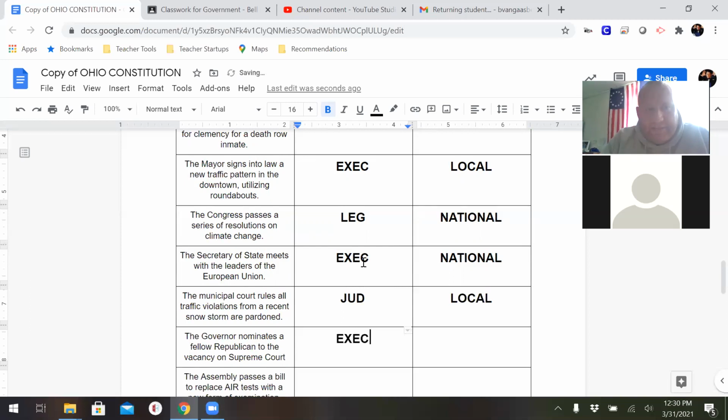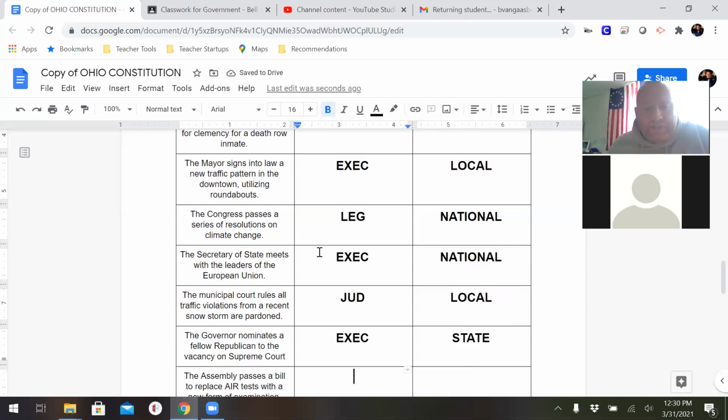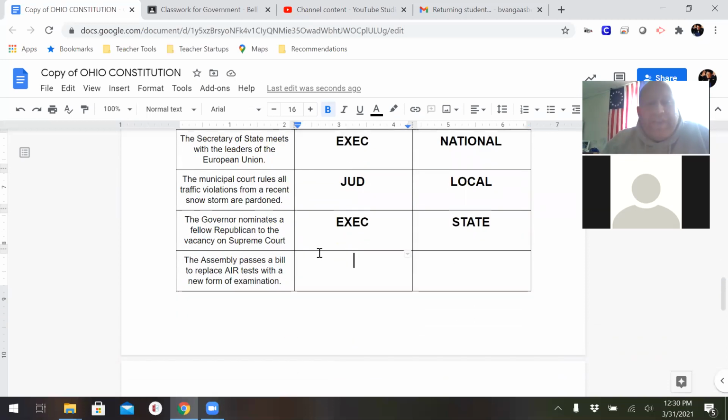Very good, exec, okay? Executive, and since it's a governor, what level are we talking about? State, very good.